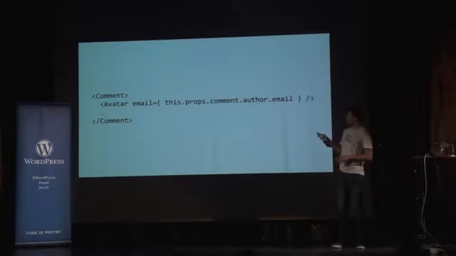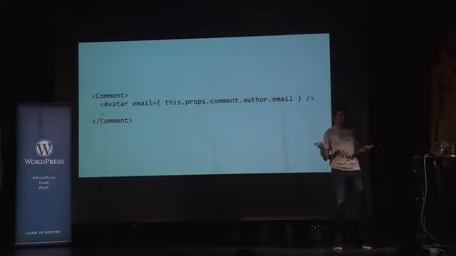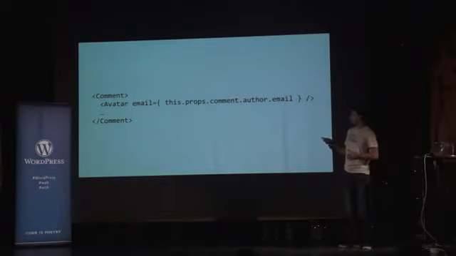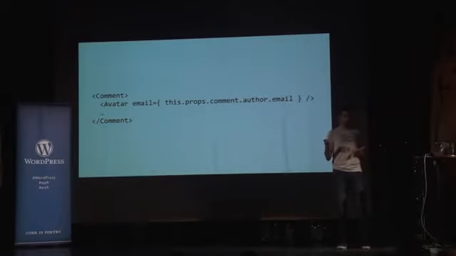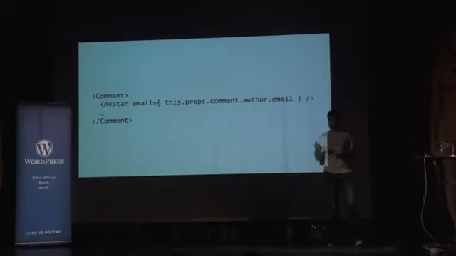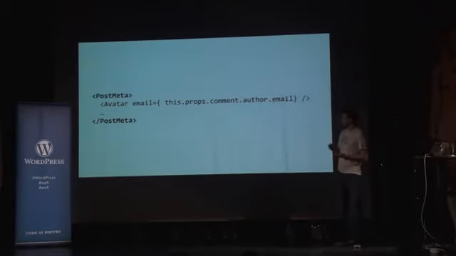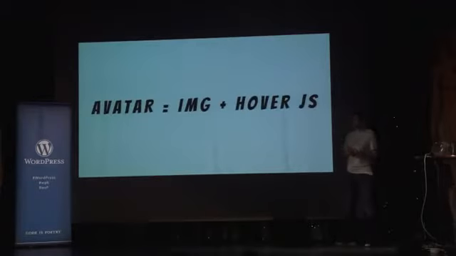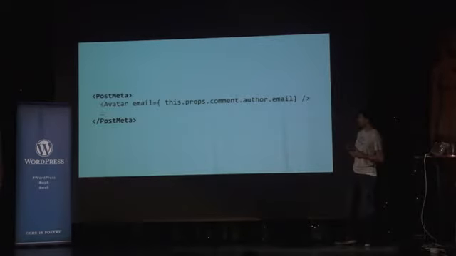Let's say we have a comment, and in comments we have avatars, right? Let's say we build an avatar component where we pass the email, and it builds all of the gravatar stuff. We can incredibly easily reuse exactly the same avatar component somewhere else.